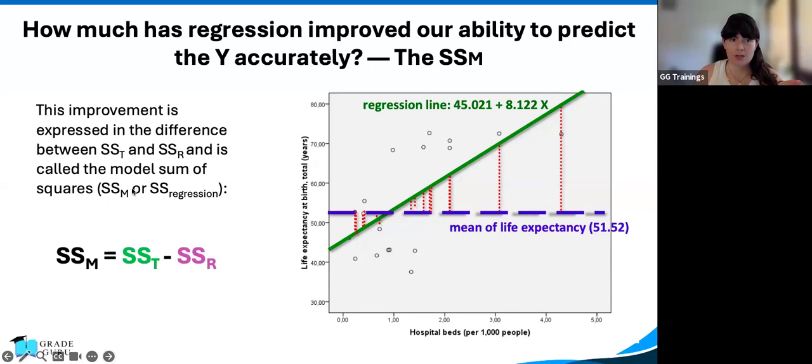Okay, so your model sum of squares represents the amount by which regression has improved upon the mean as a prediction tool. Okay. Does that make sense to everybody? Yeah? Okay.